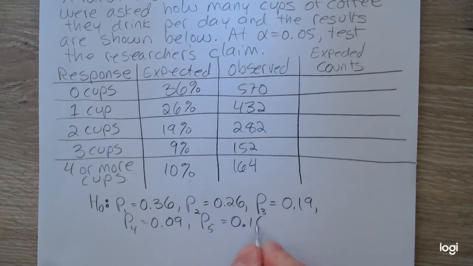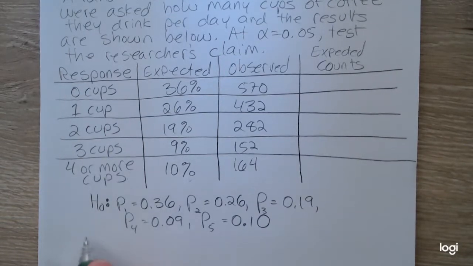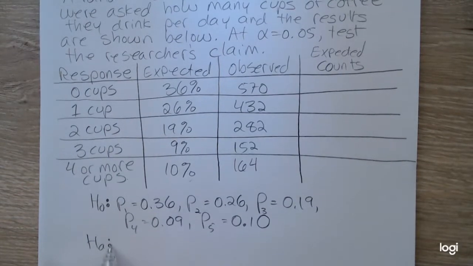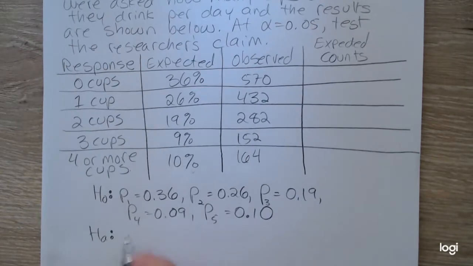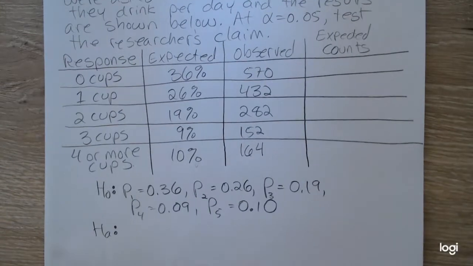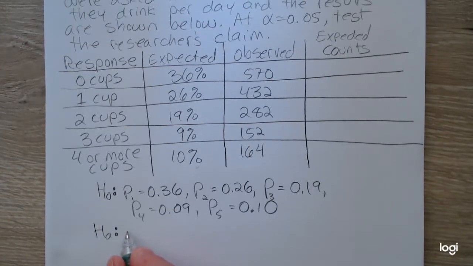We have 5 categories. And the alternative is that the proportions aren't as expected, or some sort of statement of that. Okay, so there's a little bit of flexibility here.